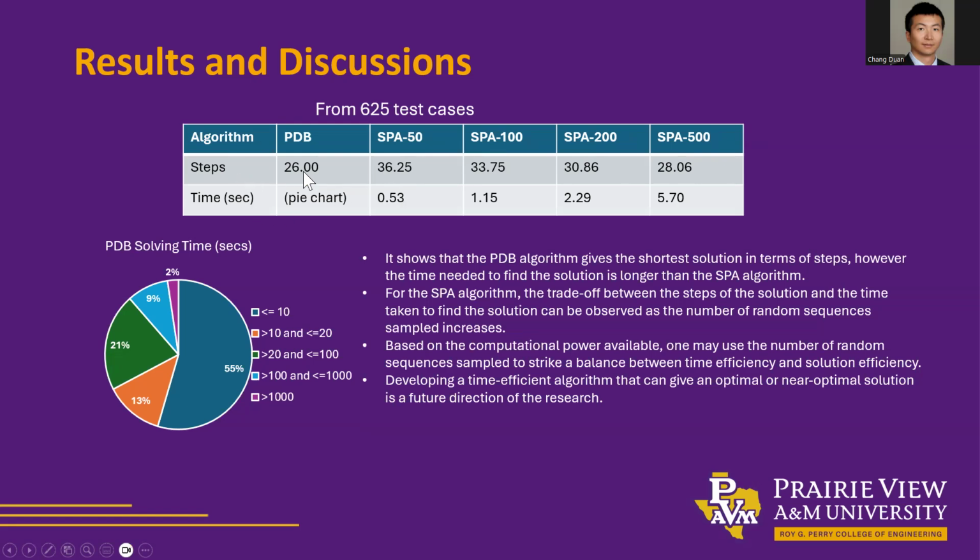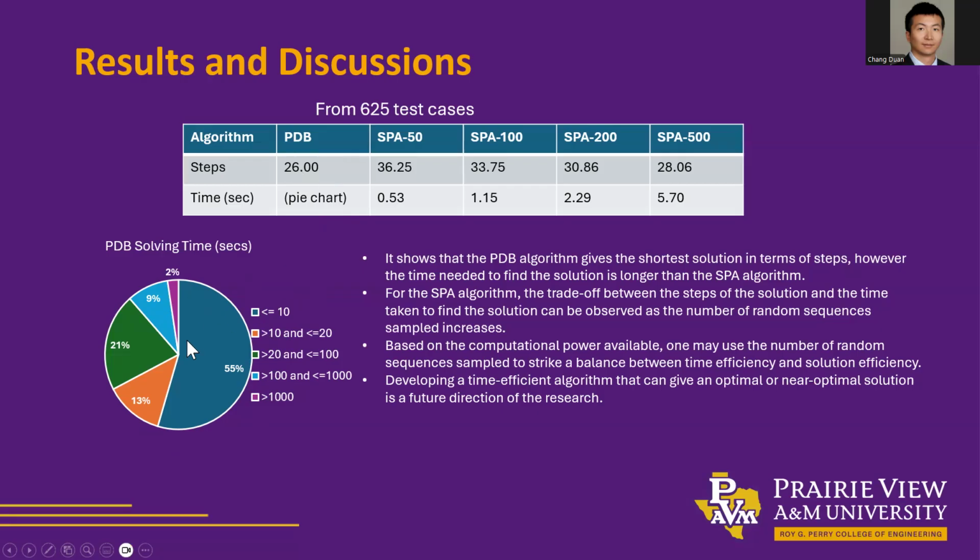Okay, so we can see the pattern database generally gives the shortest solution in terms of steps. However, the time needed to find a solution, we can say on average is longer than the SPA algorithm, and the main thing is it's not very consistent in time. So some cases will take longer, some cases shorter time. This pie chart shows you the distribution of solving times for pattern database.